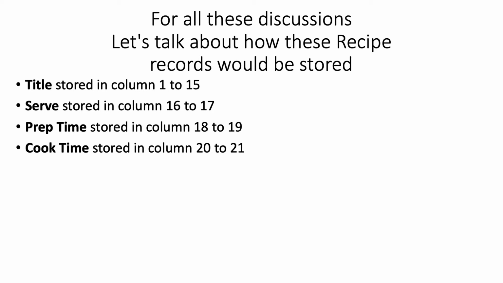And the next, starting at 16, is going to be 2 positions for the serves, and prep time is going to be starting at 18 to 19. It will be 2 positions for how many minutes it takes to prep something, and cook time's 2 positions. Now, we can have whole courses on trying to decide how wide those fields are, but for today, that's how wide they are.